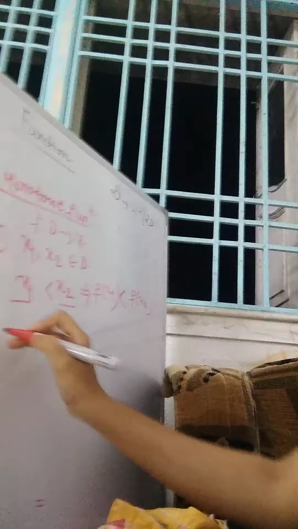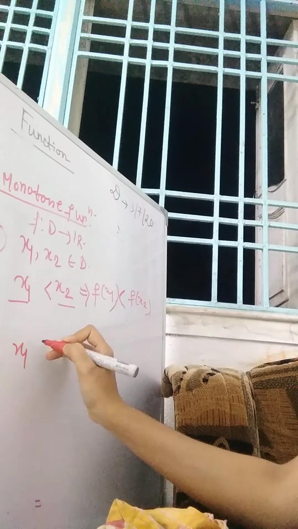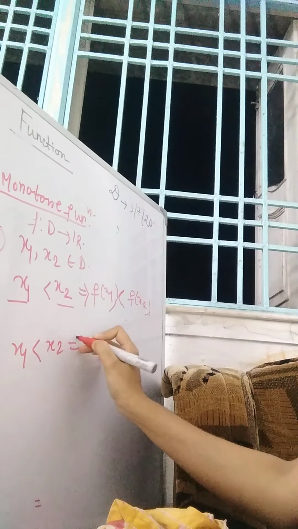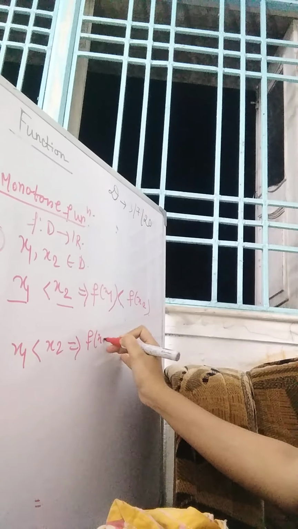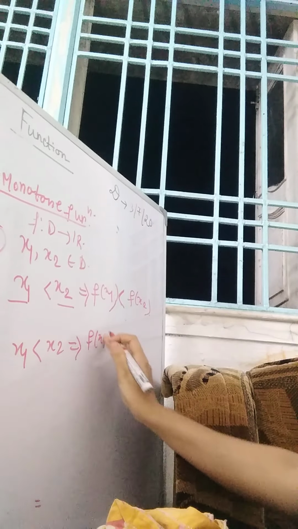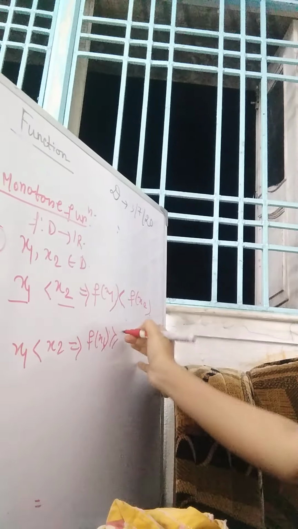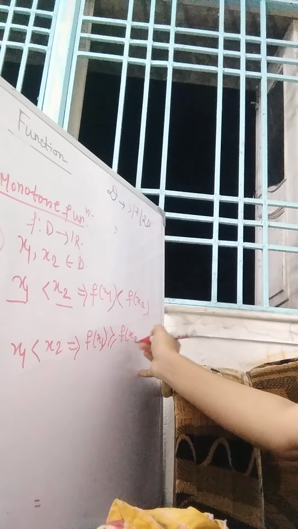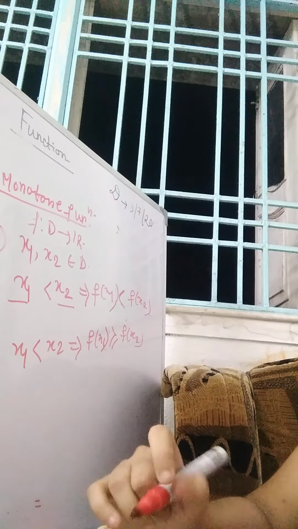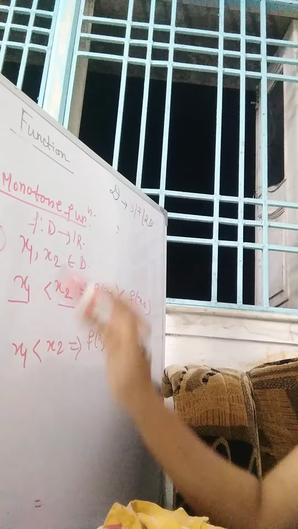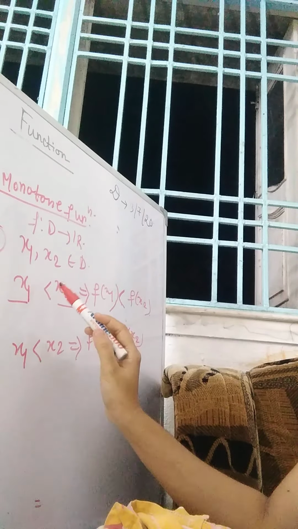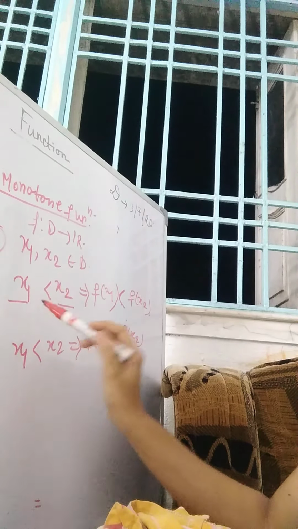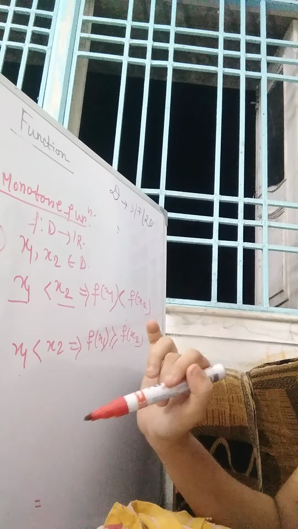And the other one: if x1 is less than x2 implies that f of x1 is greater than or equal to f of x2, then we call this a monotone decreasing function. There are two types of monotone function: monotone increasing and monotone decreasing.